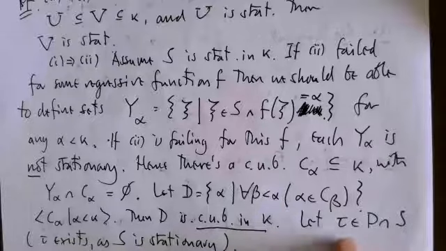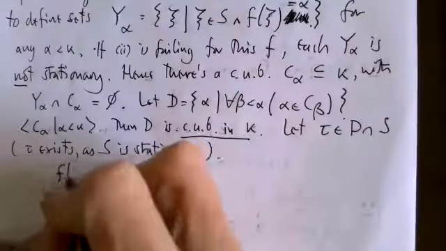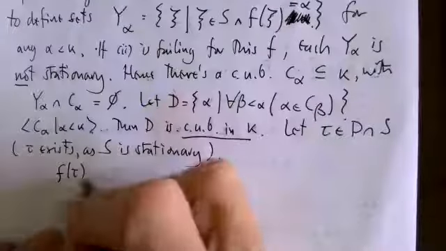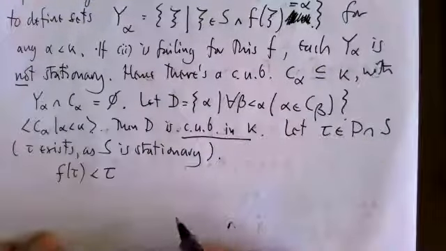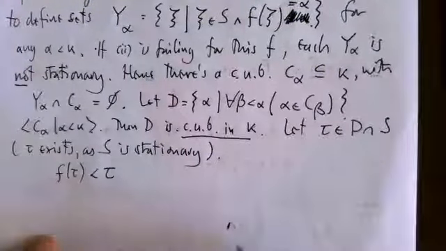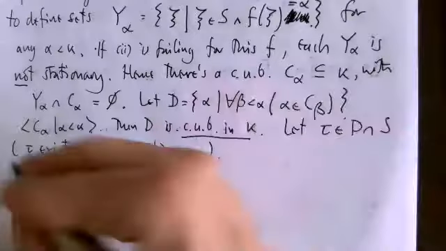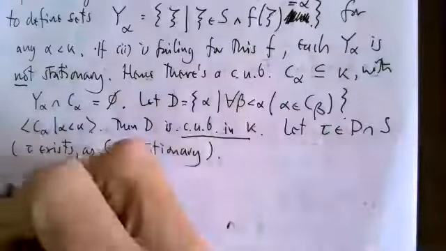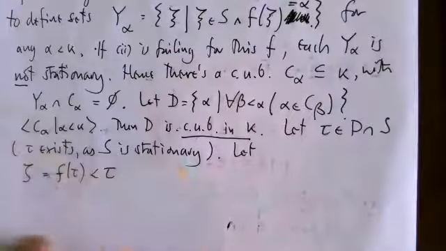So we ask, what does f do to tau? Well, f of tau, it's a pressing down function on elements of S, so it sends it to something lower than tau. So it's some zeta or other. So let zeta equal f of tau.